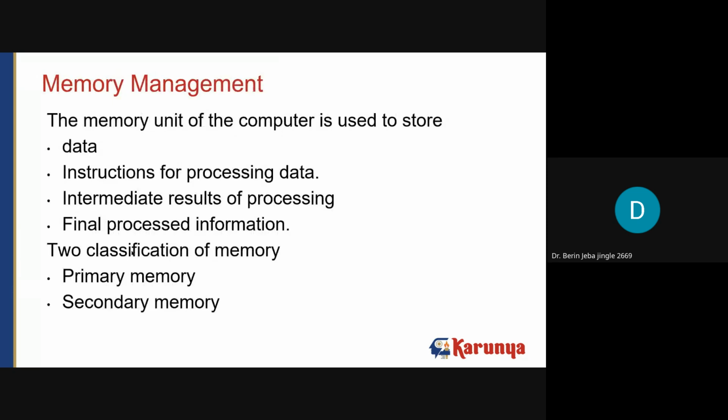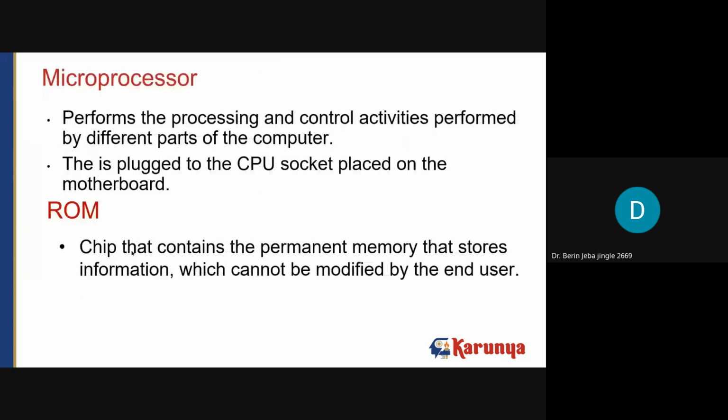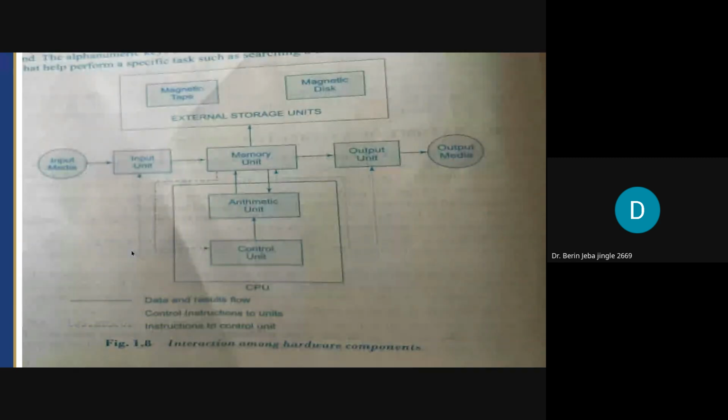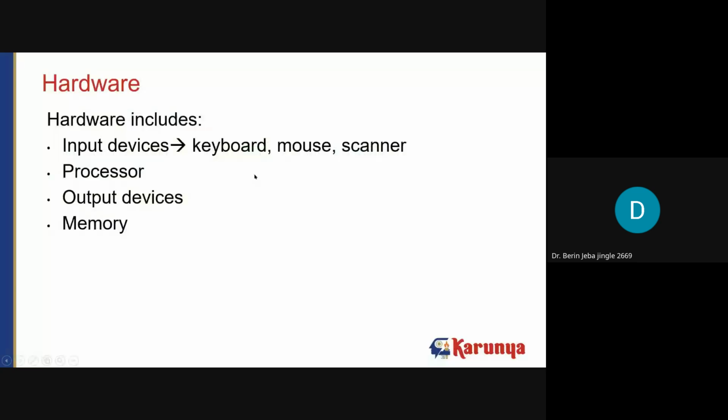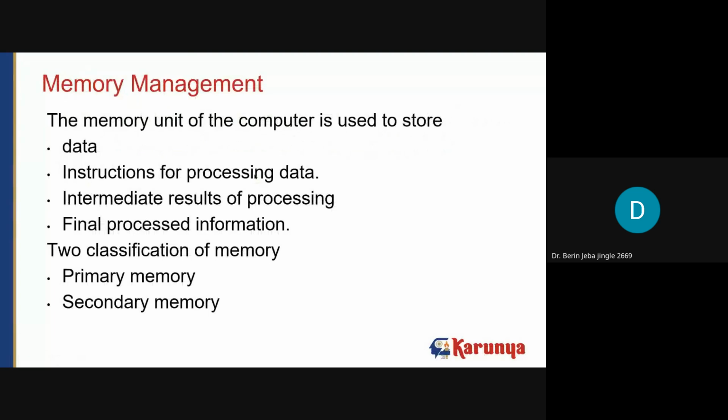The next one is memory management. It is a very important thing. This diagram we are studying in depth. Input, output, arithmetic logical unit, control unit, everything we study. Now we are going to study about the memory unit.